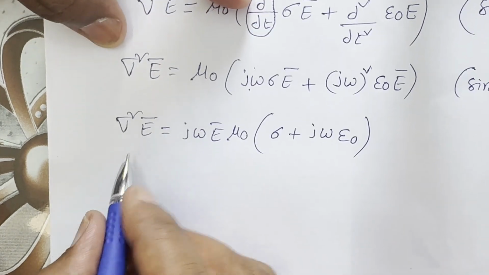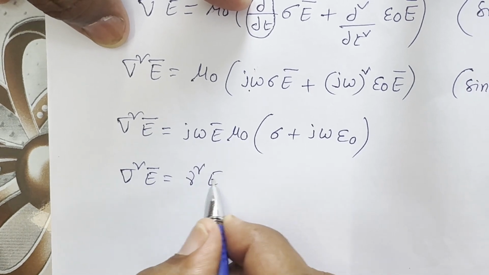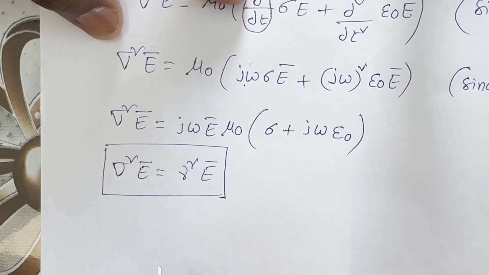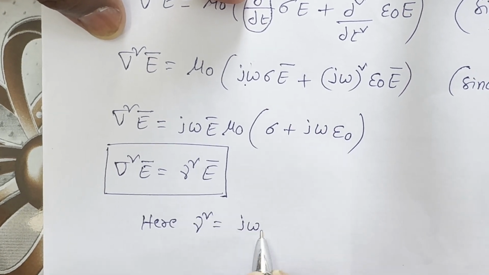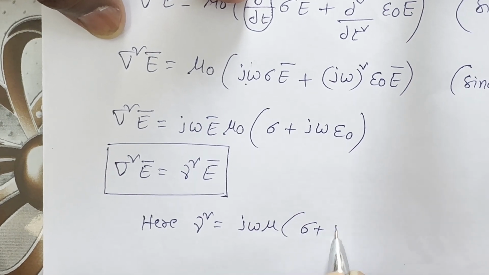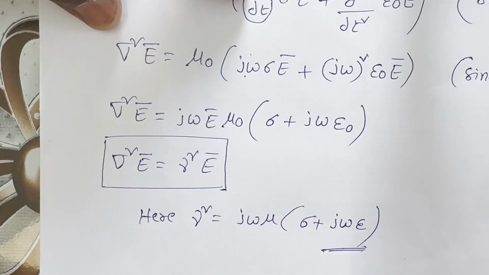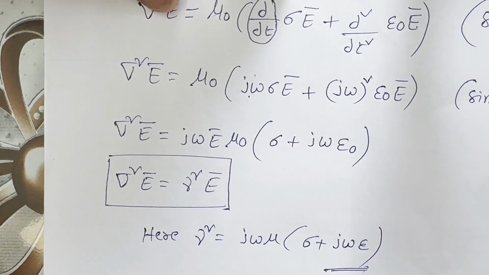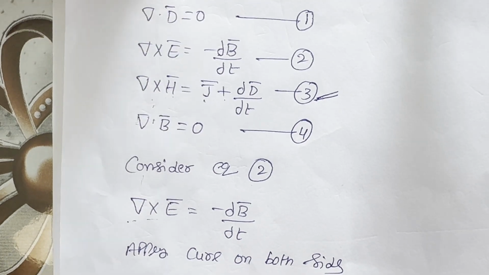Then this can be rewritten as del square E bar equal to gamma square E bar. It is the wave equation for good conductor. Here gamma square equal to j omega mu into sigma plus j omega epsilon. This is the generalized expression, and we can also do the same process with the help of equation 3.